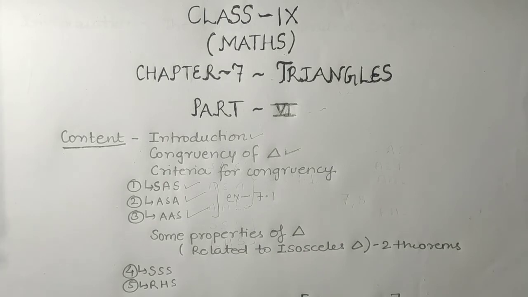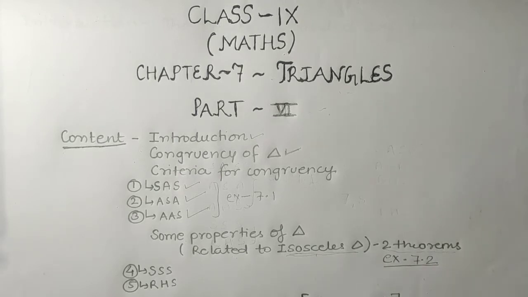After this, one topic we will study today is some properties of triangle. Basically the properties given here are related to the isosceles triangle. Here we will study two theorems related to the isosceles triangle, and after studying this we'll solve exercise 7.2.